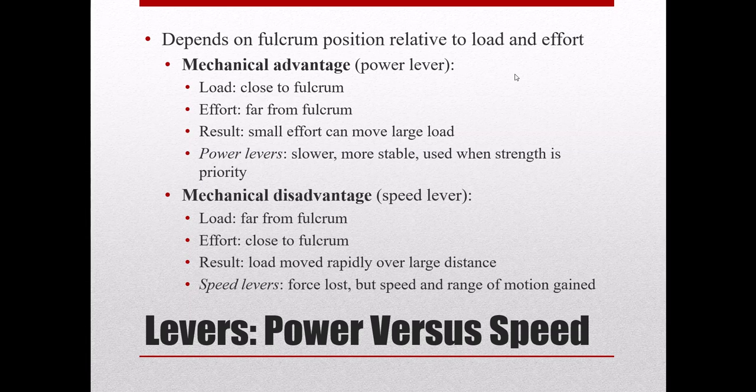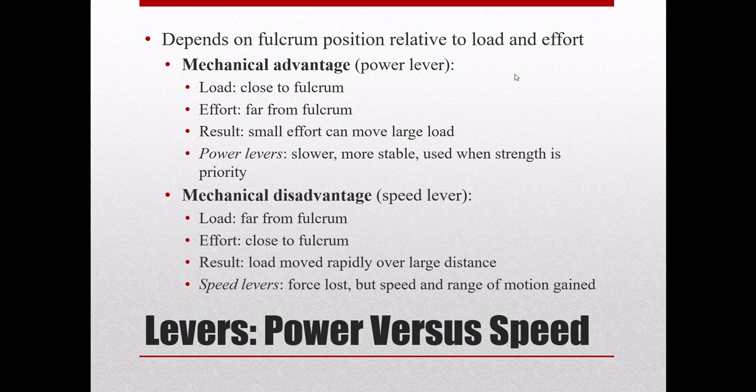The effort is applied farther from the pivot point, and what results from this is that you can use a really tiny effort and still move a large load. Power levers tend to be slower, but they're more stable, and they're much more often used when we're looking for strength.